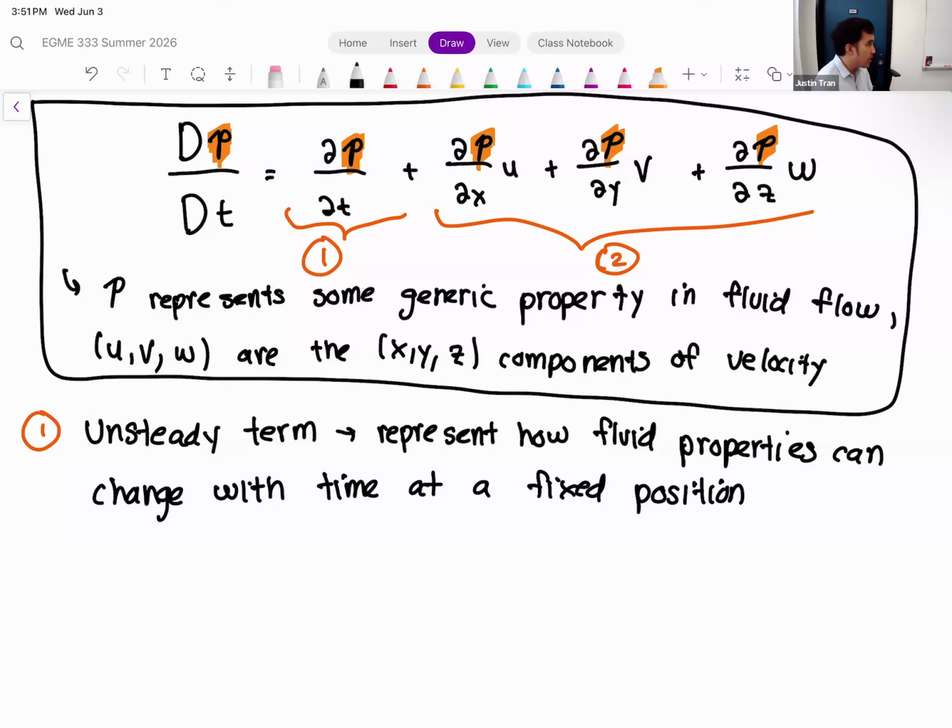So you don't have to move from one location to another to observe a change in certain fluid properties. Okay. And then we can think of lots of different examples of this. One example we can think of is, let's say that you are observing the flow of water coming out of your faucet.